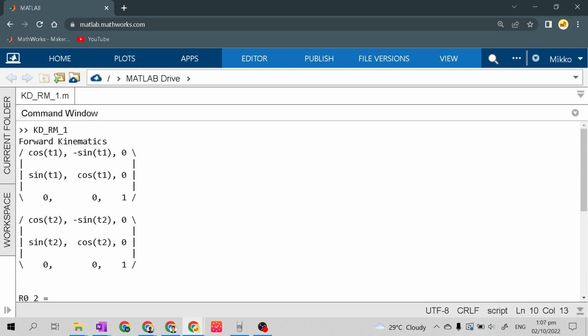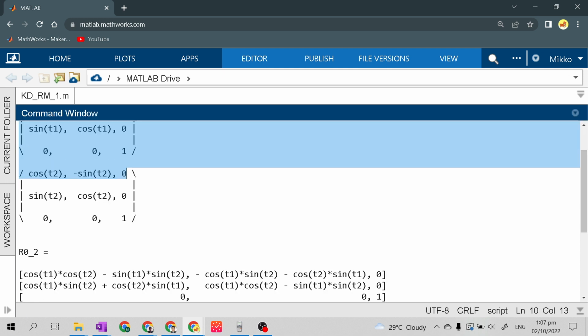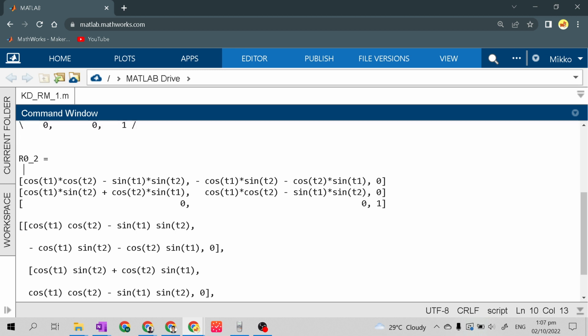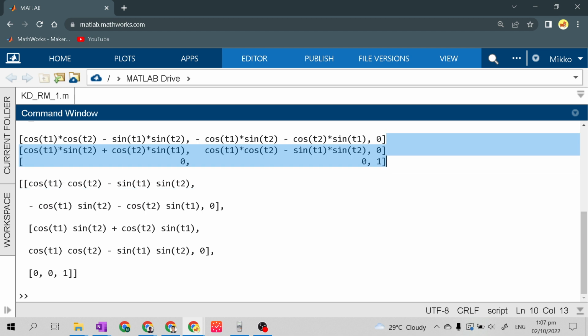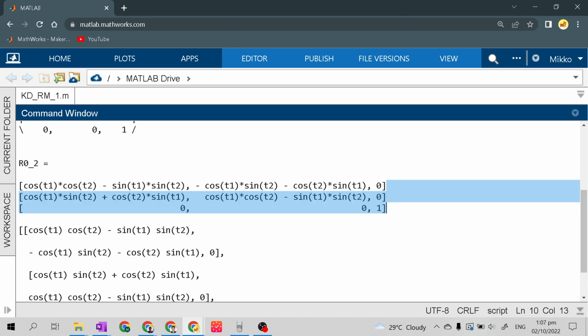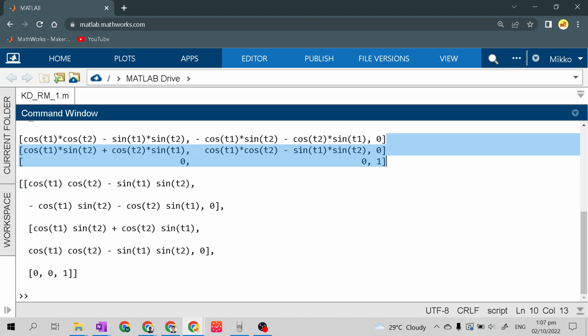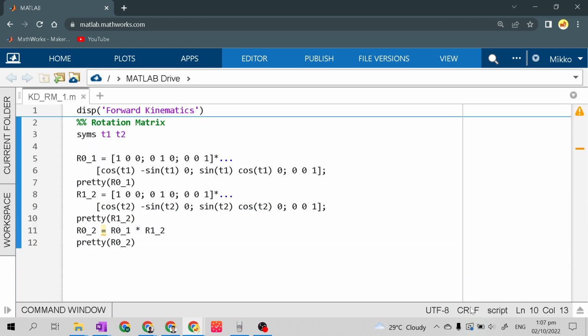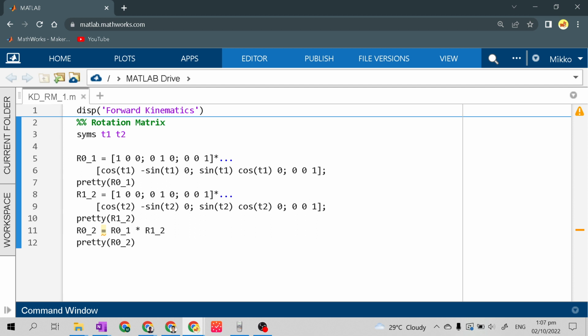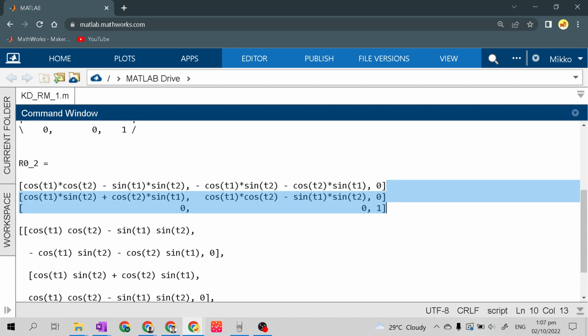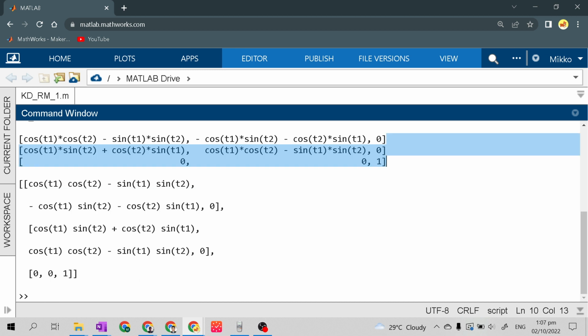In our command window we have the R01, the R12, the product of R01 times R12, and the prettified. Oh, this is not prettified. Where's the prettified R02? Oh, it's not the prettified, sorry.